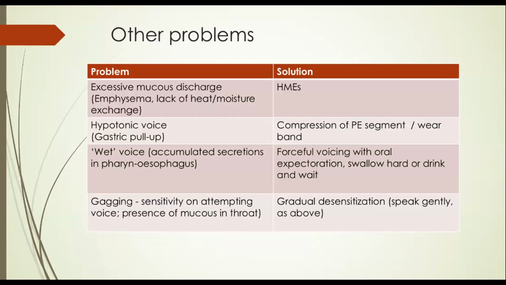Those are quite costly, and they need to be replaced daily. What we do issue our patients with are the stoma covers, the cloth covers that they tie around their neck. If they're struggling quite a bit, we advise them to wet the stoma cover, squeeze out the water so it is damp, and place it around their neck, and that helps with the humidification.